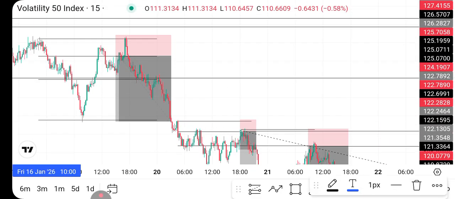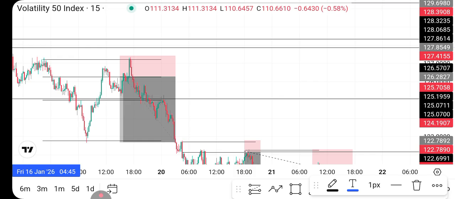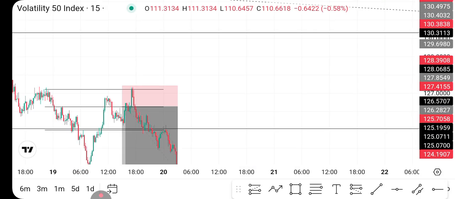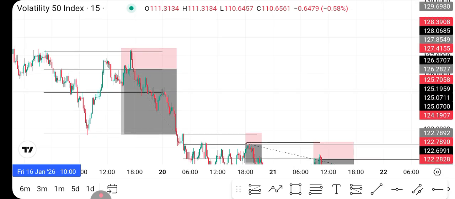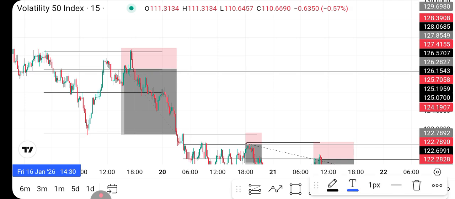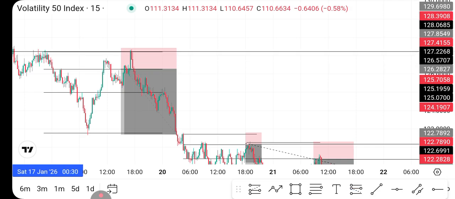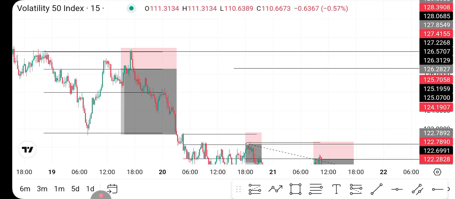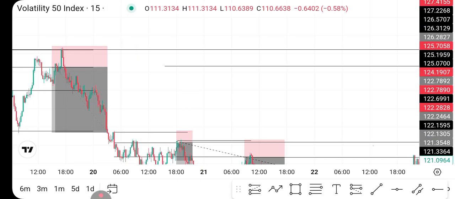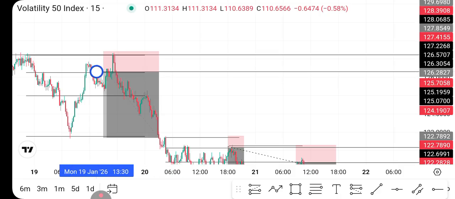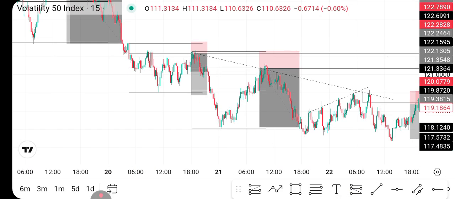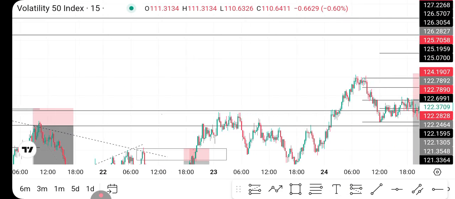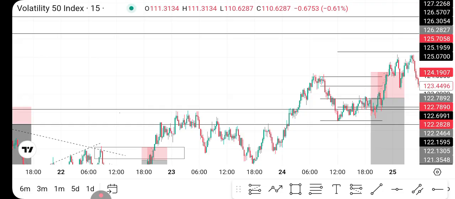Okay, this one, let me just delete this, delete this. So markets will want to react from this point of interest here, and then this too. So let's see how price will come into it first before we think of what to do next.